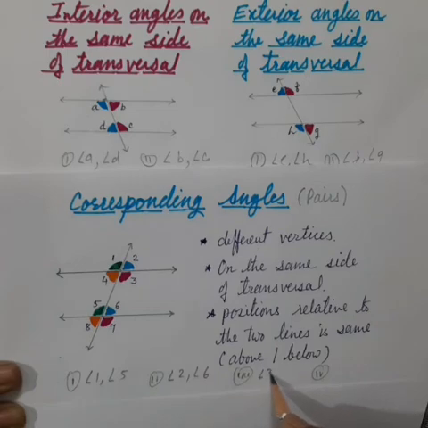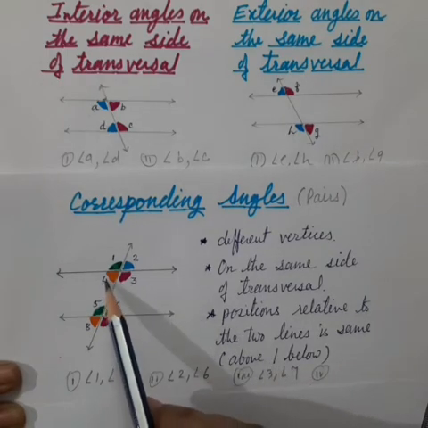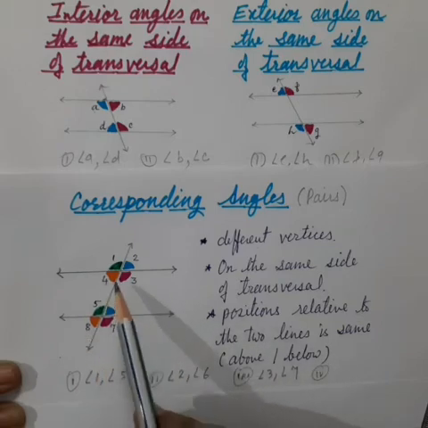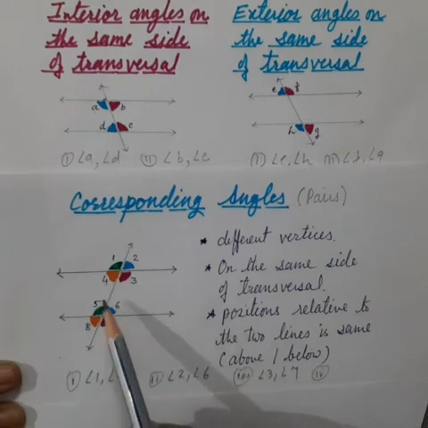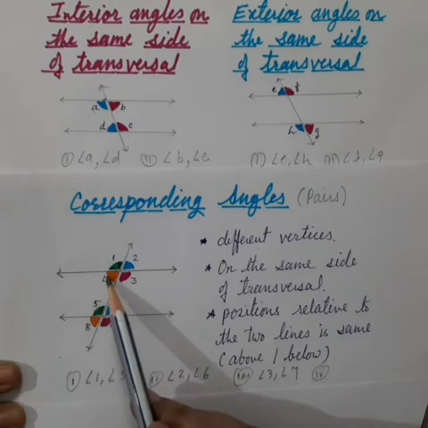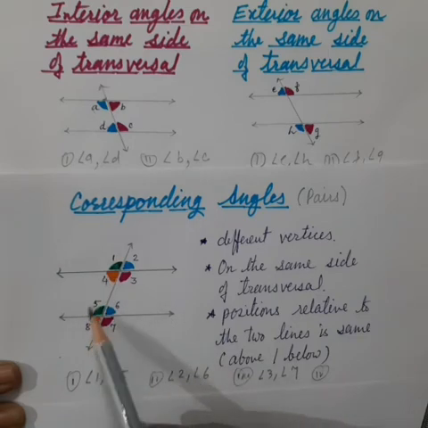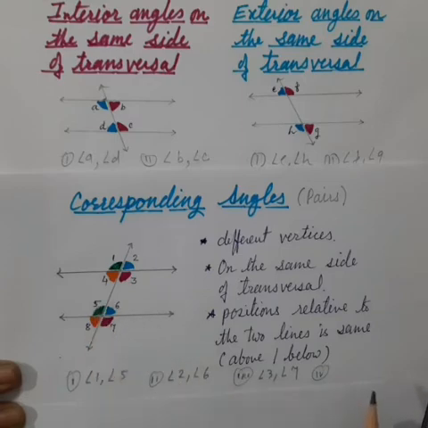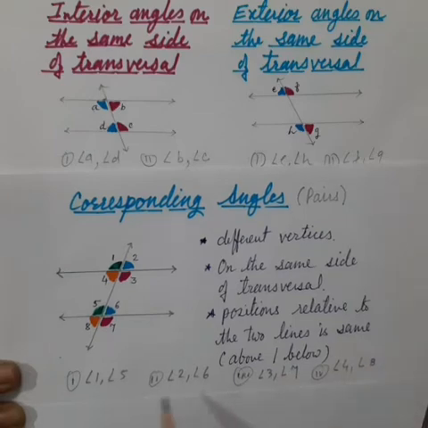So angle 3 and angle 7 are corresponding angles. In the same way, angle 4 and angle 8 have different vertices. Both are on the left side of the transversal and both are below these two lines. So these are also corresponding angles, angle 4 and angle 8. So we get here 4 pairs of corresponding angles.